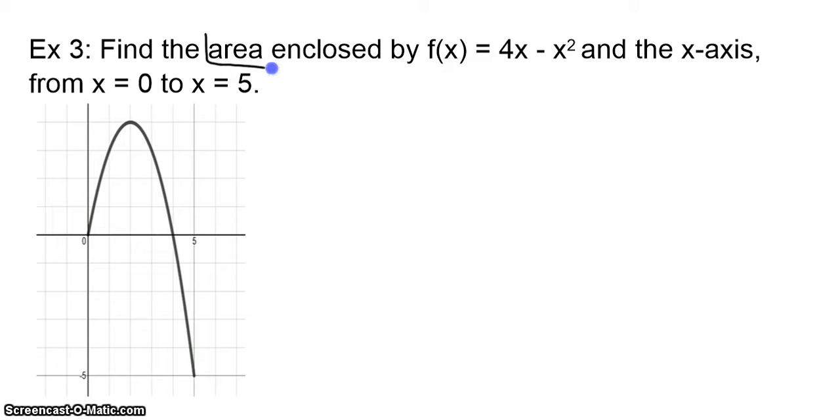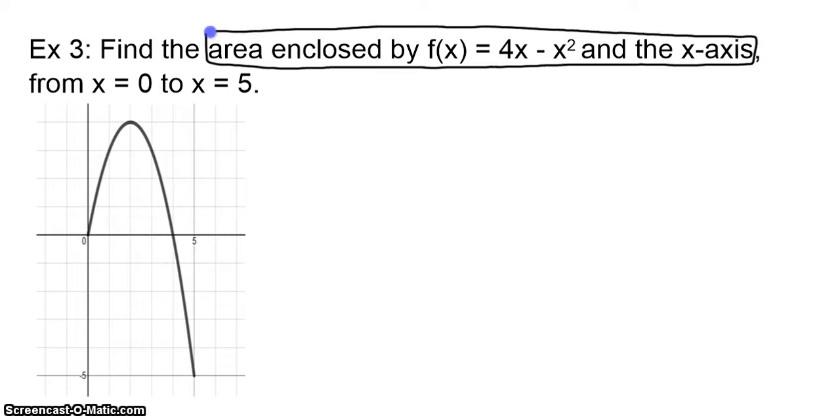Slightly different this time. We're going to enclose the area. So what is the area enclosed? Same graph. So we've got this positive area here. Okay. And then this negative area down here.